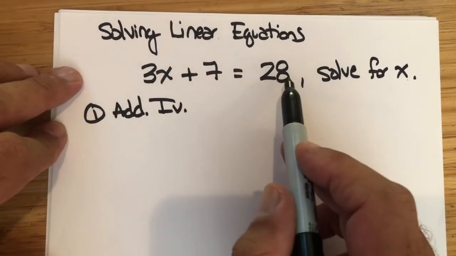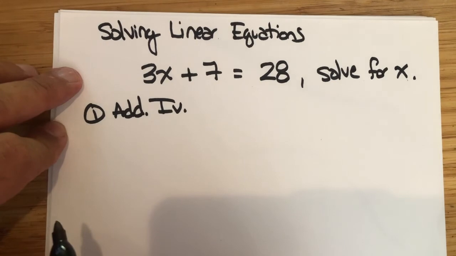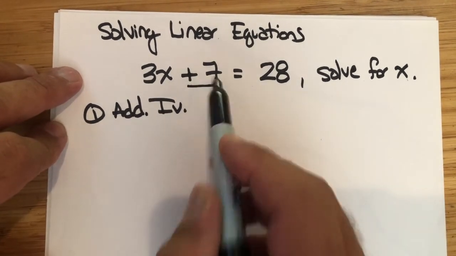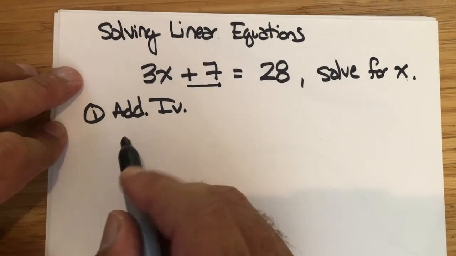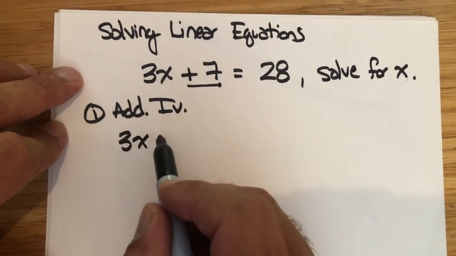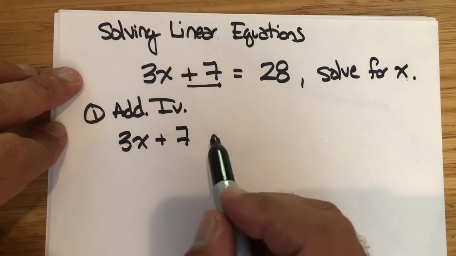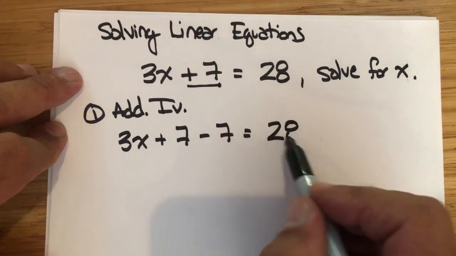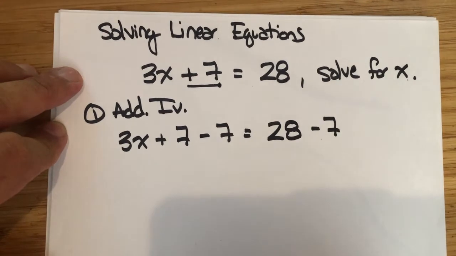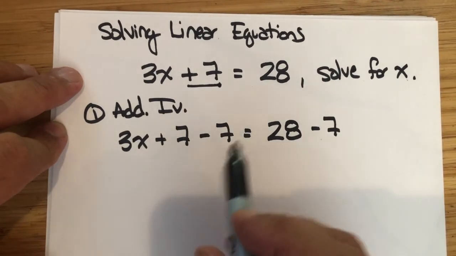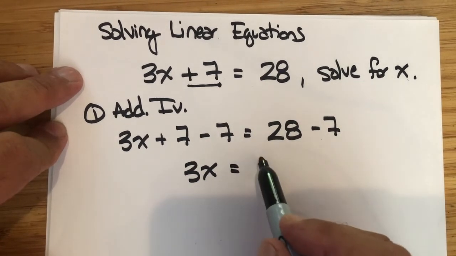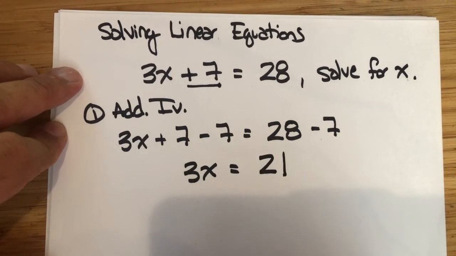We look at this equation, we say, well, we want to move that 7 over first. That means that I need the additive inverse of +7. The additive inverse of +7 is going to be -7. So we add -7 to both sides. On the left-hand side, we just get 3x. On the right-hand side, we get 21.